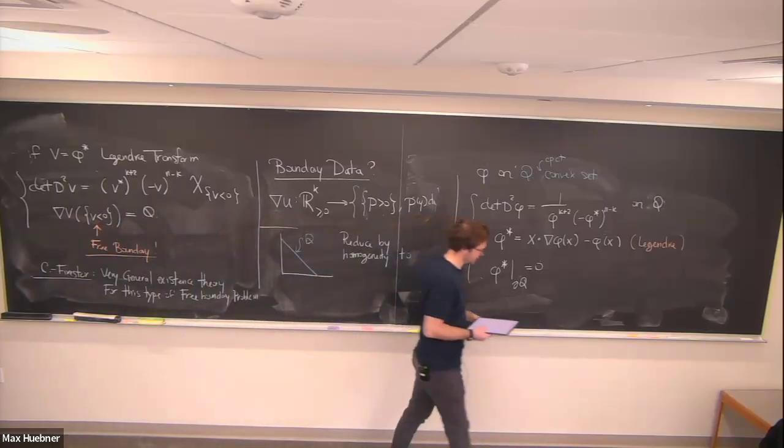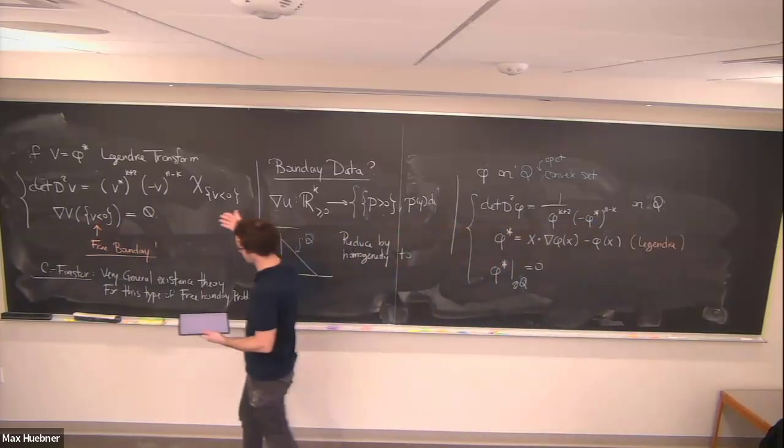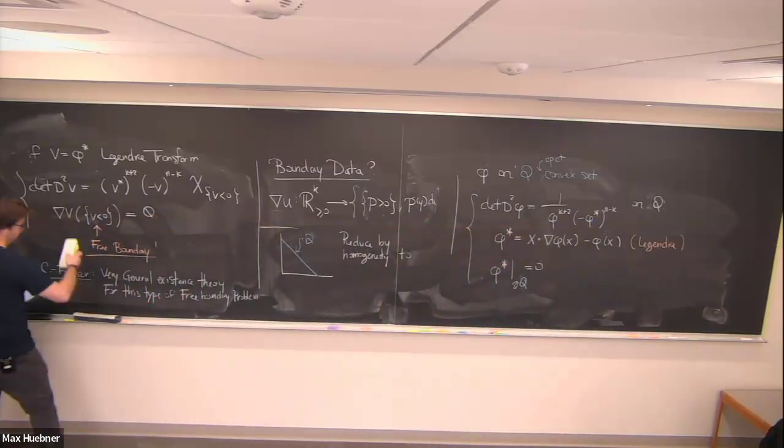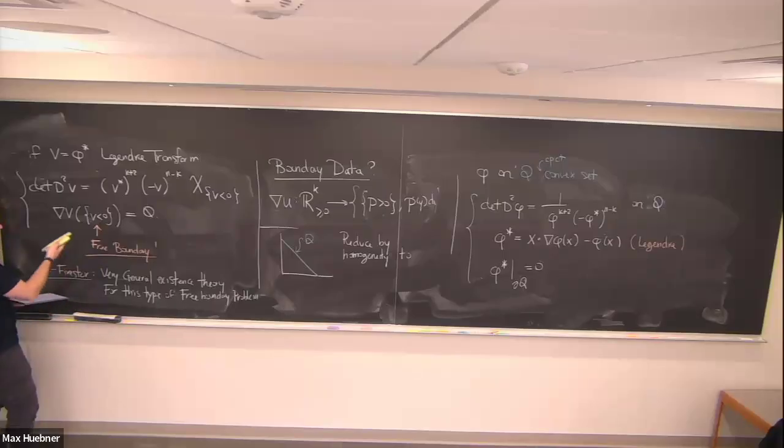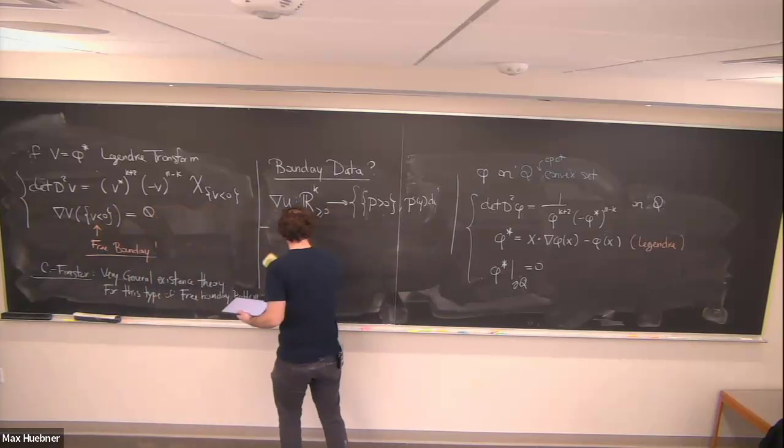It's a new, as far as I know, a new kind of free boundary problem, but it's very natural when you think about it, because the two most natural boundary conditions in the study of Monge-Ampere are to specify the gradient or fix the function to be 0 on the boundary, and this is somehow doing both of those.